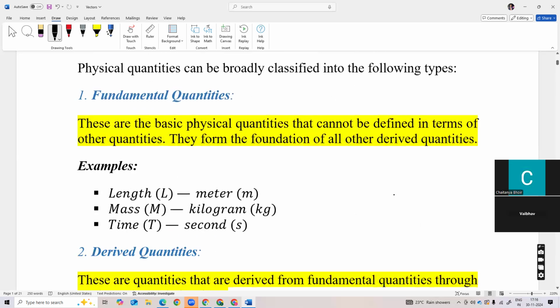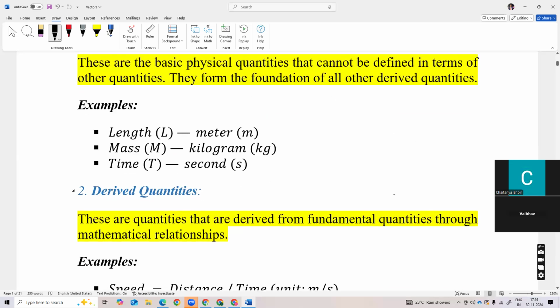Whereas if you want to measure length, we simply measure it in meter or any other unit. It is not dependent on any other physical quantity for measurement. Similarly, mass is also not dependent on any other physical quantity. Therefore these quantities are known as fundamental quantities, and they form the foundation of all other derived quantities.